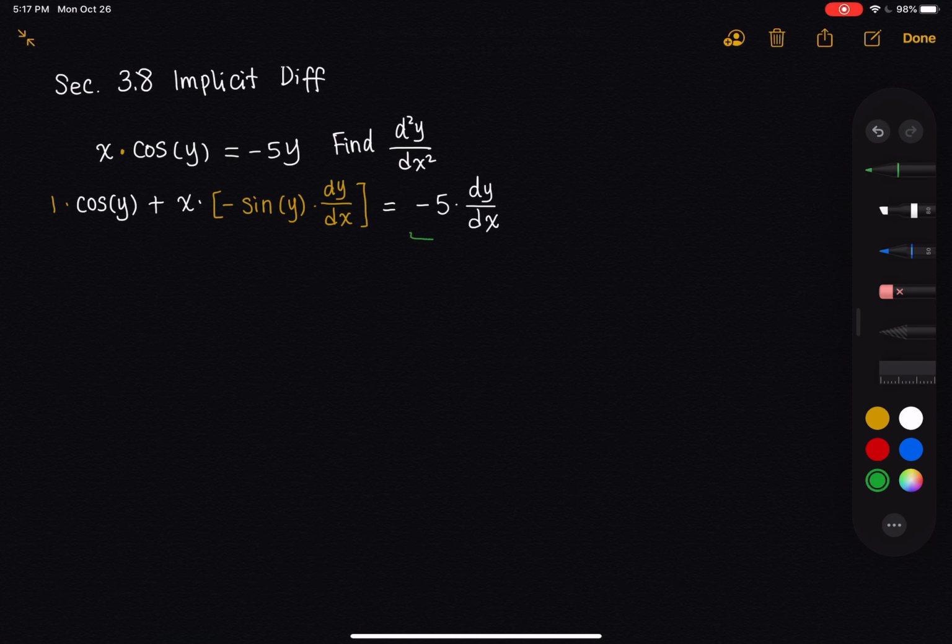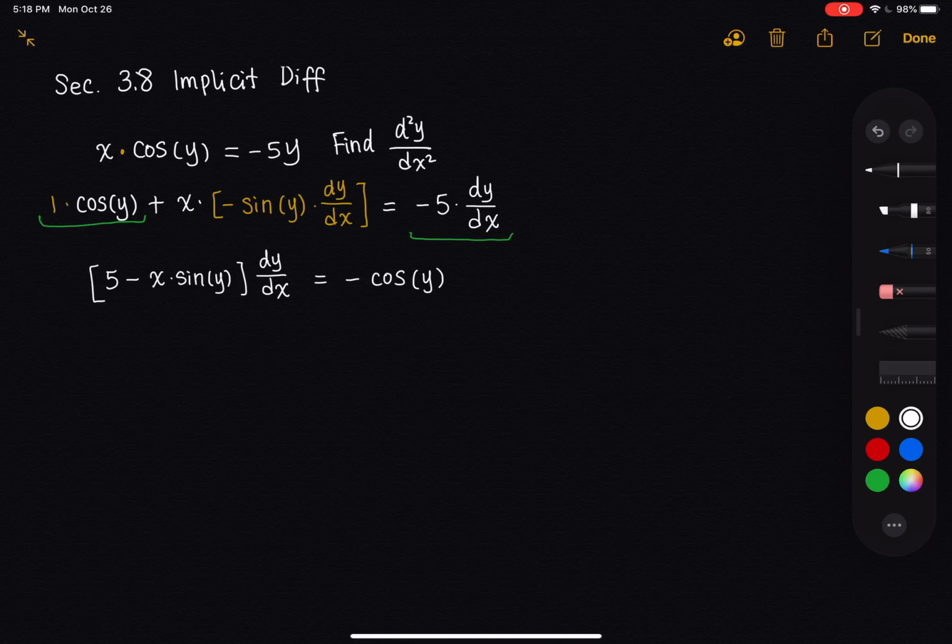So now we need to combine like terms and solve for dy over dx. We can move this term to the other side and change the sign, and move this term to the right hand side and change the sign. When we combine like terms, we get 5 minus x times sine of y as the coefficient for dy over dx, and it will equal negative cosine of y.